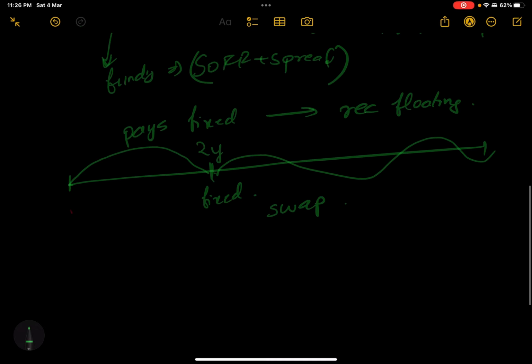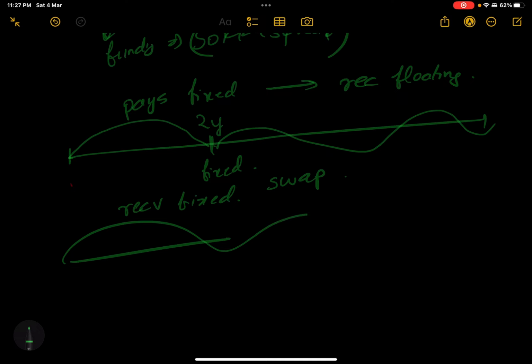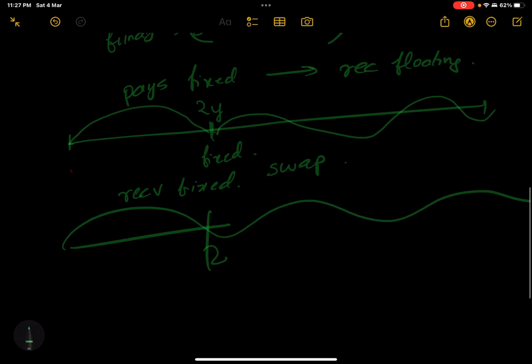Why am I entering into a swaption? I can either pay fixed in the swaption, or I can enter a swaption where I am receiving fixed here at 2 years. So this is the point of decision making at 2 years.